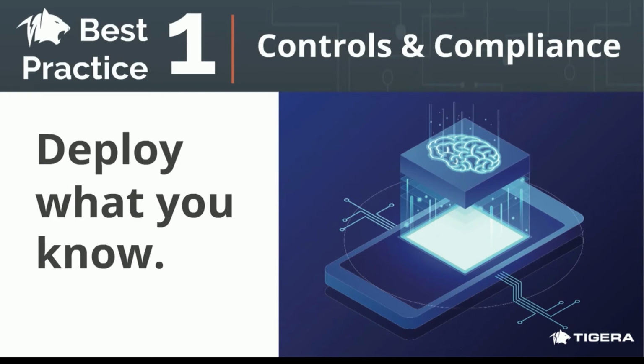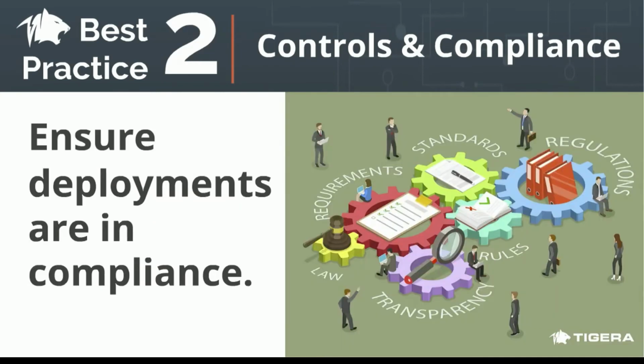If we go on to best practice 2, now we need to make sure that all our deployments are in compliance. One of the things you want to do, because things like IP addresses are ephemeral, we need to use other things to identify the workloads. That could be fingerprints.